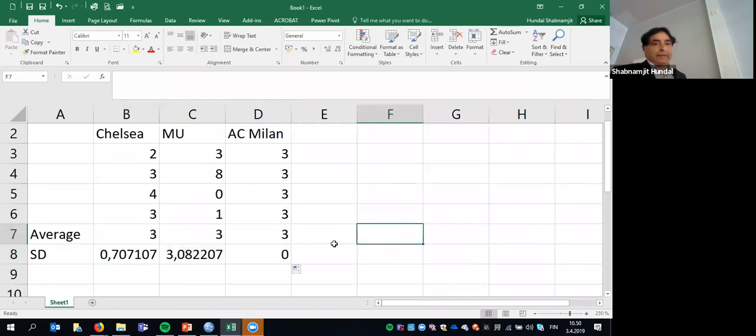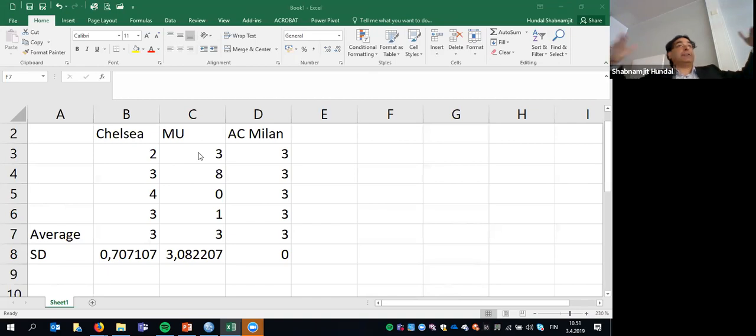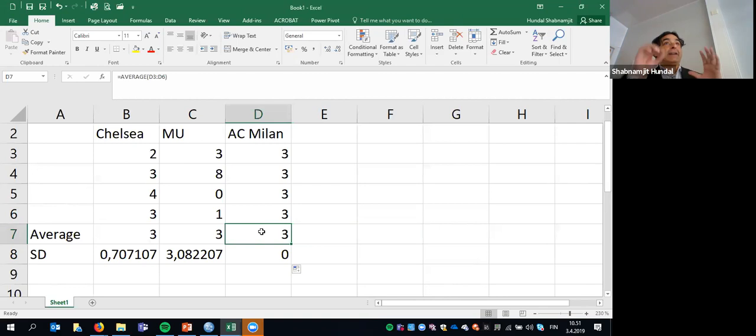Now, if you observe this, am I sharing it with you actually? Yeah, it is. If you see this, the further you go away from the mean value, you see here, this is the highest deviation. Can you see the average, Manchester United? The data, when you plot, is going far away, much farther from the mean value. For Chelsea, the data is away from the average, but not far away. For AC Milan, the data is exactly on the mean itself, riding on the mean.